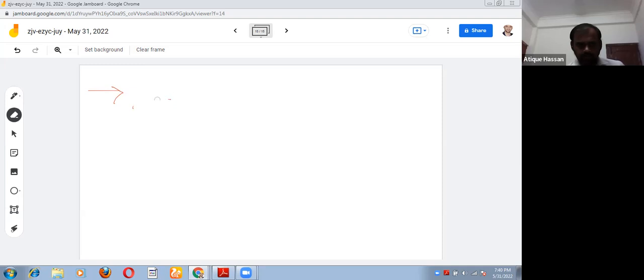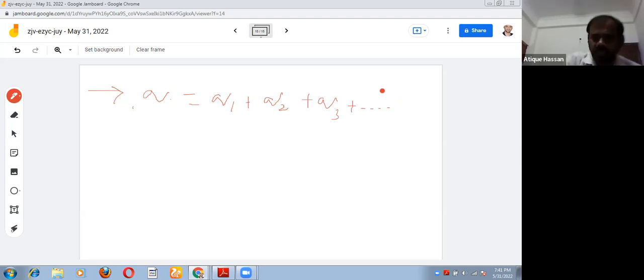You have studied the additive property. Additive property means the total charge on any object is the algebraic sum of individual charges, right?